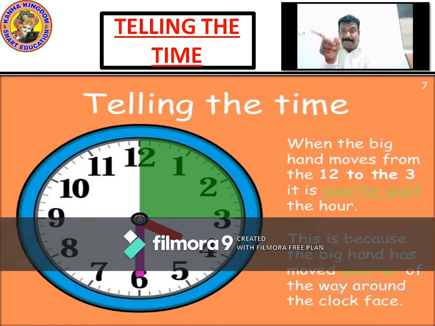It is quarter past. This is because the big hand has moved a quarter of the way round the clock. Round the clock is 12. When the big hand has moved from 12 to 3, then it is quarter past. 15 minutes has passed. The first quarter has passed.